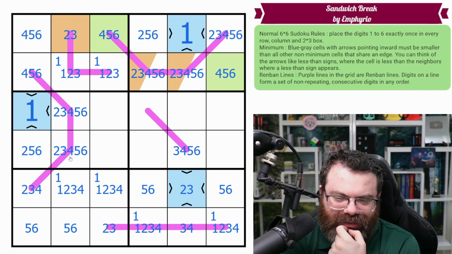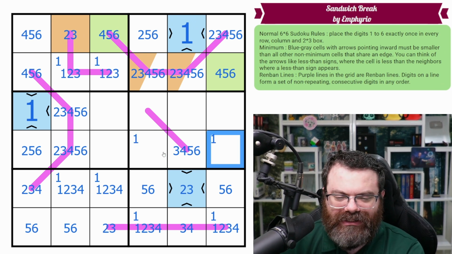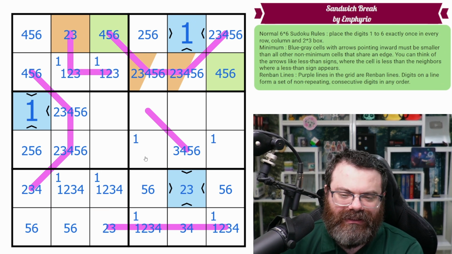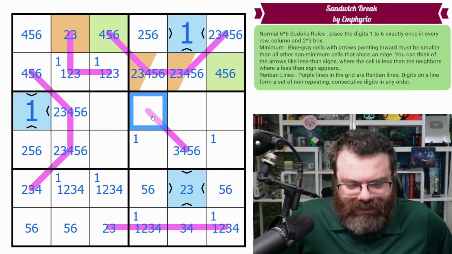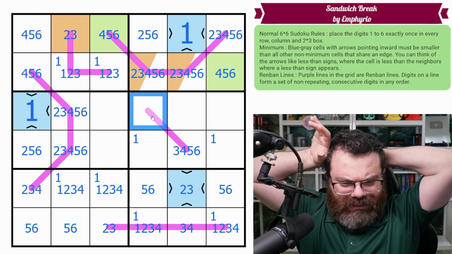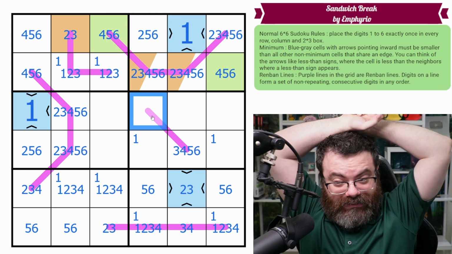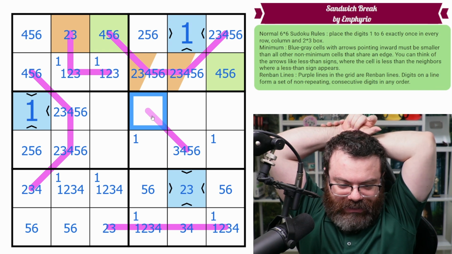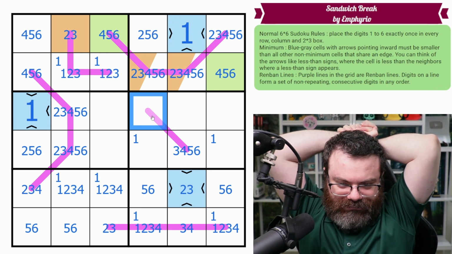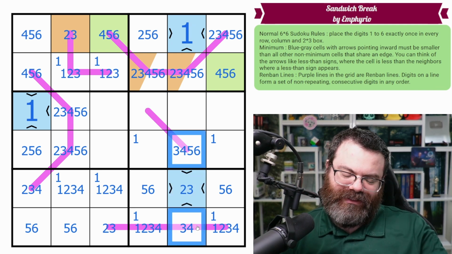Okay, what have we learned? 1 in this box is here. We're left with these rectangles of 1s. This could be a 2, as far as I can tell. Oh, this puzzle's holding on for sure. What do we do next? You know, this has to be smaller than both of these together.